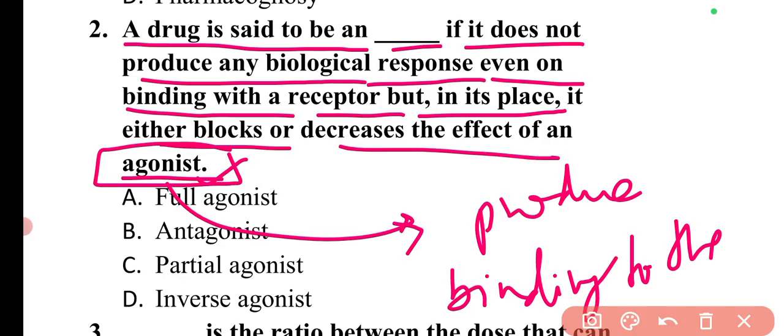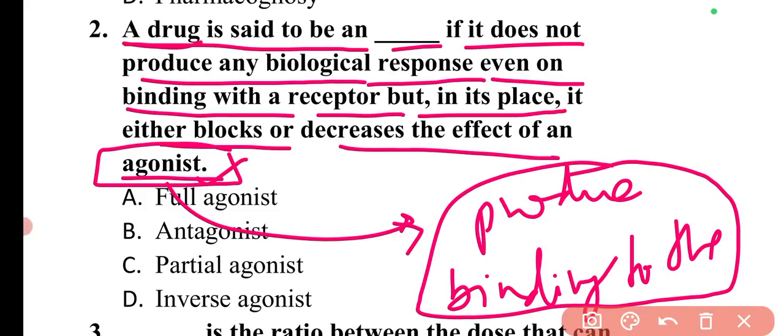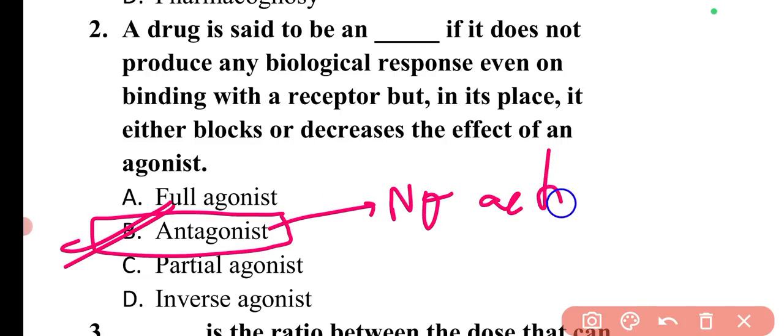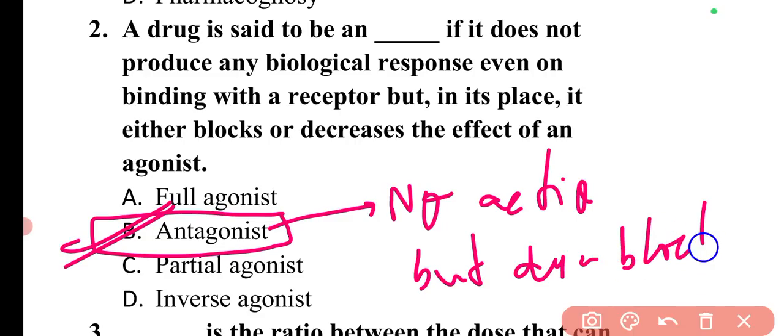This drug abolishes the effect of the agonist, which has some positive or negative response. This is known as an antagonist. They have no actions of their own; they block or decrease the effect of the agonist.